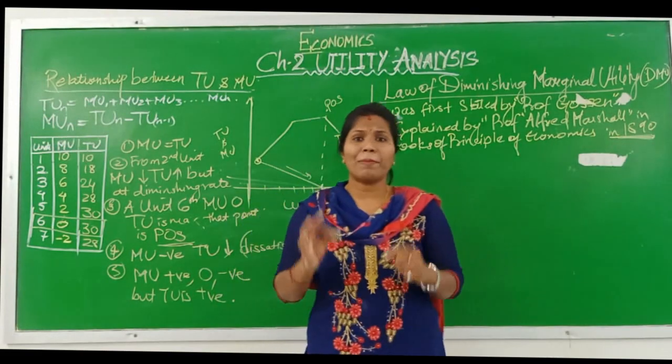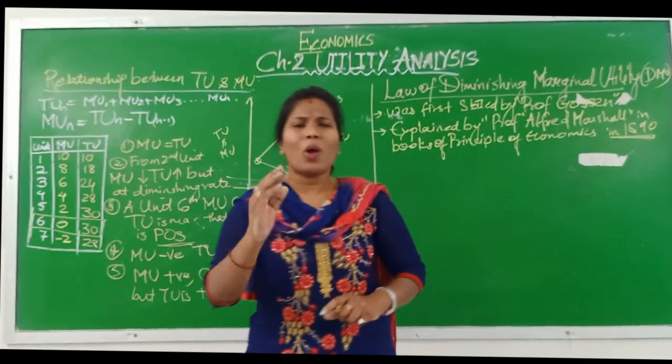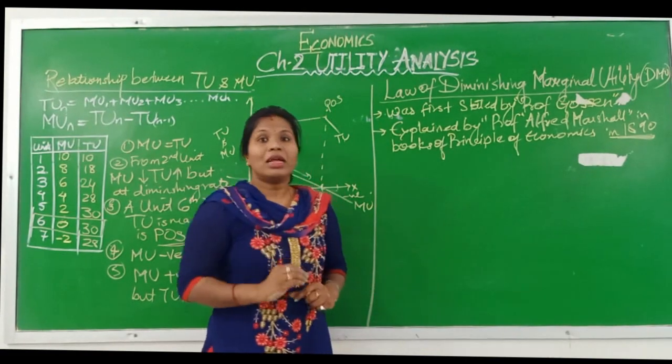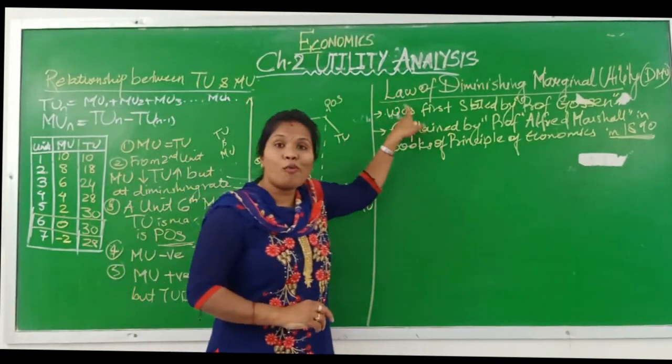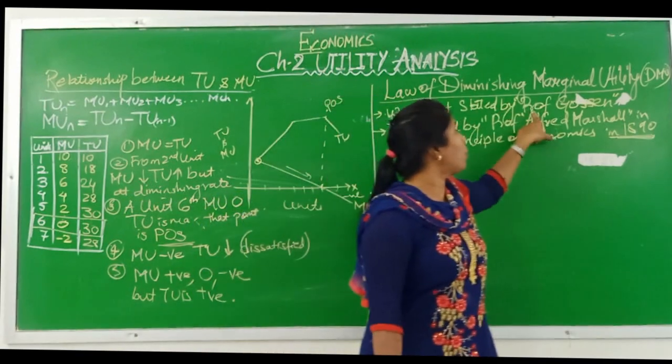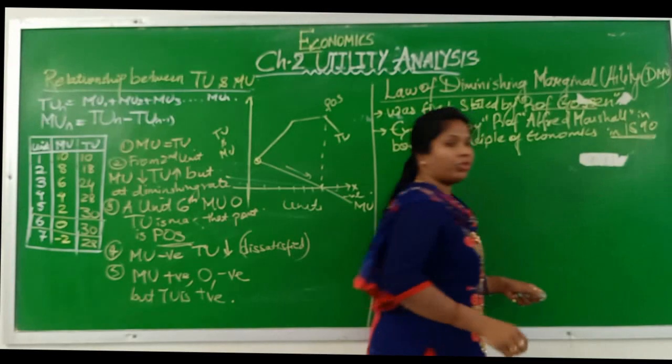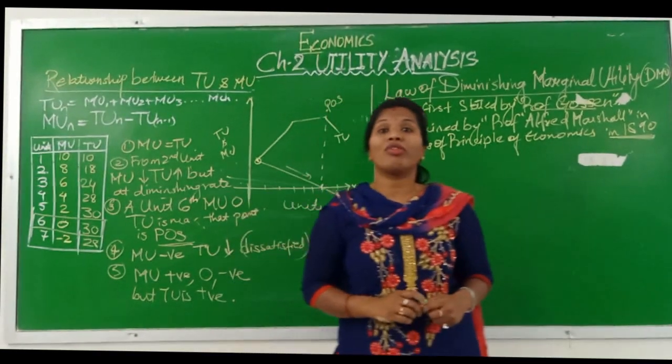The law of diminishing marginal utility. Why is it said to be diminishing marginal utility? That also I will explain to you. But now understand this: this law was first stated by Professor Gossin. Therefore, it is said to be Gossin's first law.